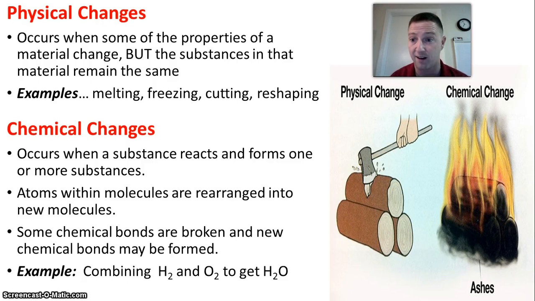Oxygen feeds a fire. And at the end, I have something that is new. I have ashes down here, and I have carbon dioxide, which is the smoke coming out of the fire. And there are things in the smoke as well, but I'm making new chemicals, new molecules, rearranging those atoms to make something different.